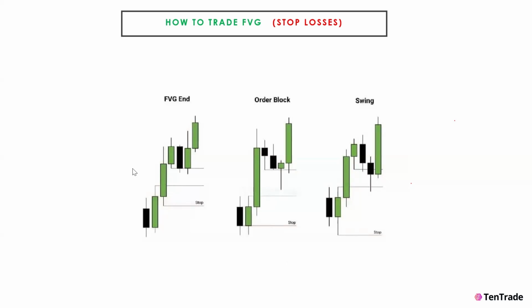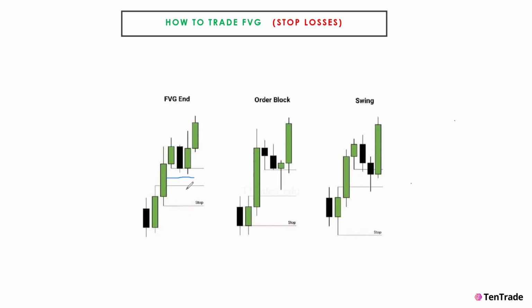If you enter there, your stop is at or just below the low of this vector candle, which is the momentum candle that created that shift and is responsible for the imbalance that exists in the market. This is one of the ways to put your stop loss if you're considering just the fair value gap.